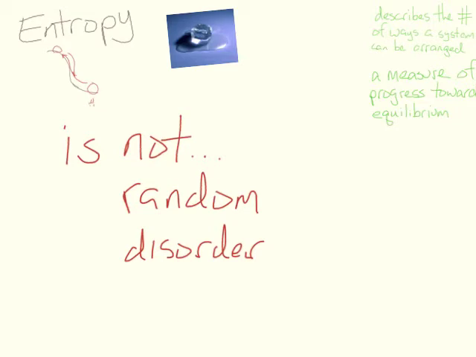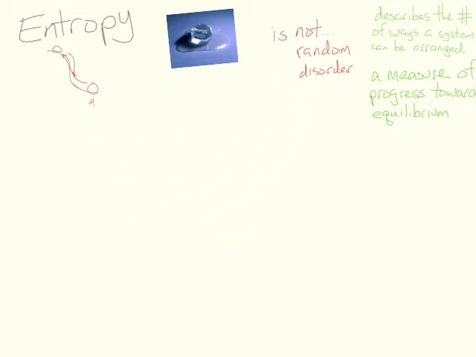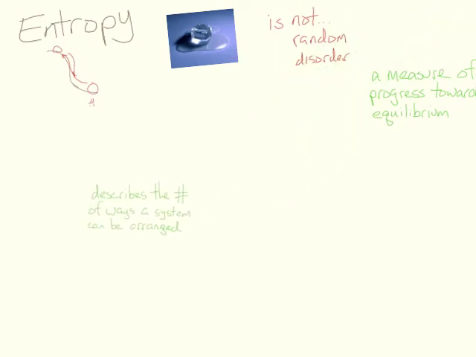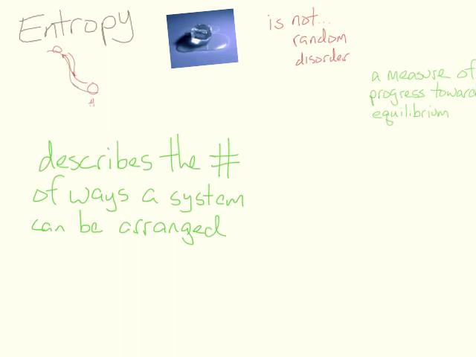Now, it's true that random events like molecules colliding with one another, it's random whether molecule A collides with molecule B or whether molecule A collides with molecule C. Those are random events, and those random events do contribute to the change in entropy of a system, but the entropy change itself is not random. So let's try to get away from random and disorder. What I want to focus in on when it comes to entropy is that entropy really is a way of describing the number of ways a system can be arranged.